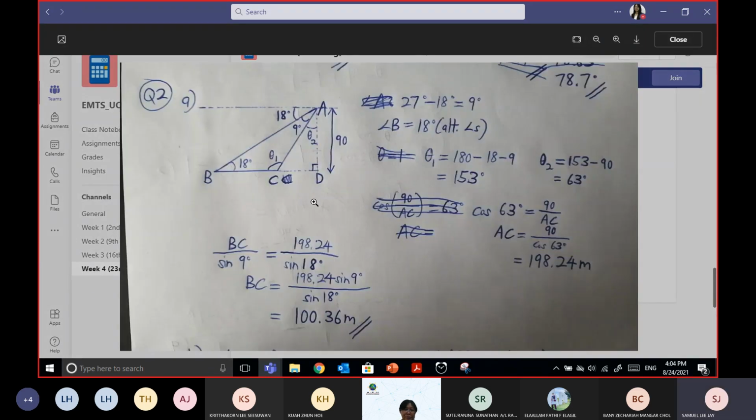Miss, if you ignore my working for the angles, it starts from cos 63.